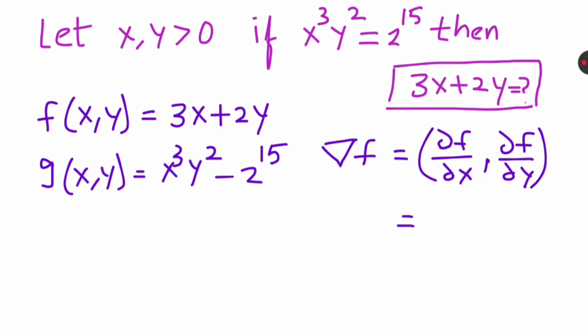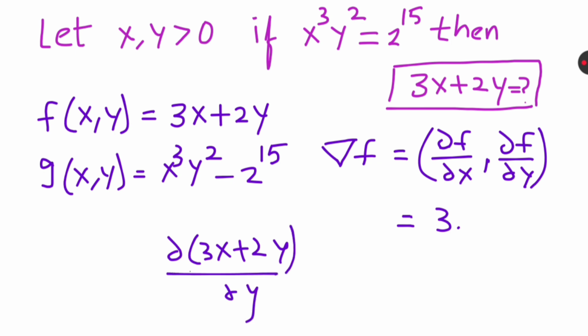The derivative of 3x + 2y with respect to x gives only 3, isn't it? Now the derivative of 3x + 2y with respect to y: the x term becomes 0 and we get only 2.